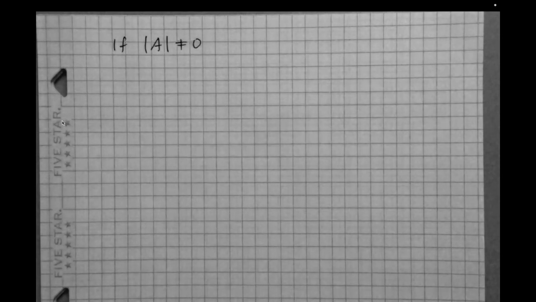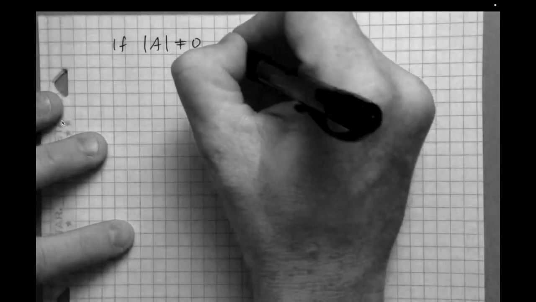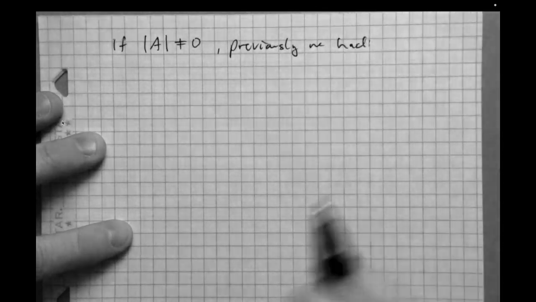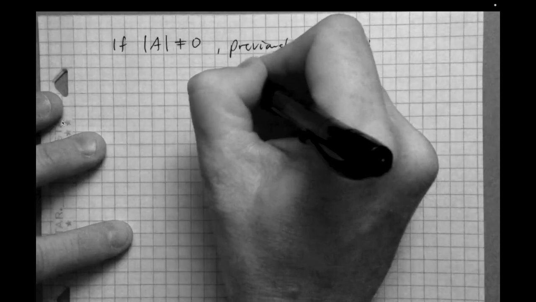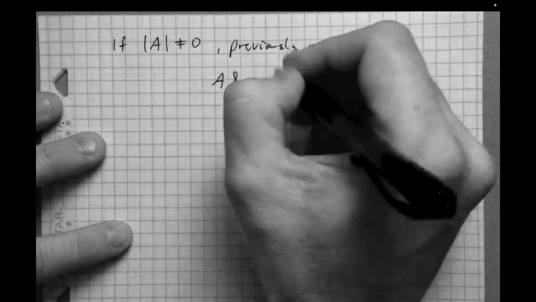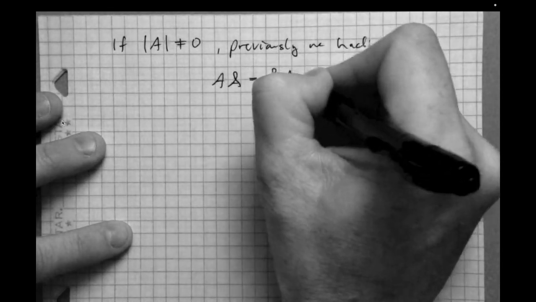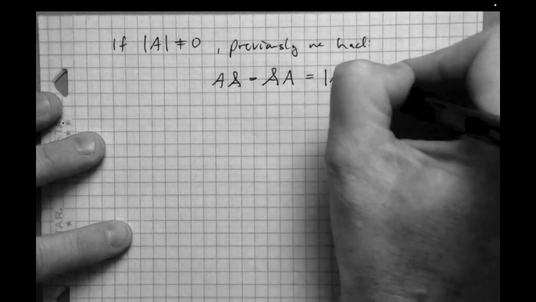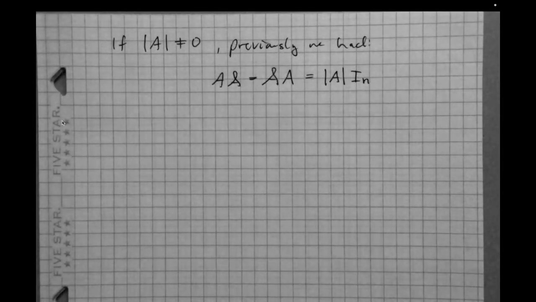Okay, and so we saw in the previous theorem that A times the adjoint of A is equal to the adjoint of A times A, which is equal to the determinant of A times the identity. Okay, and so in addition, we're going to assume that the determinant is non-zero.